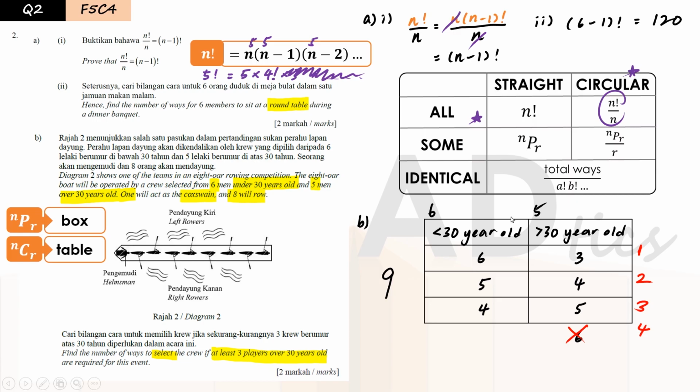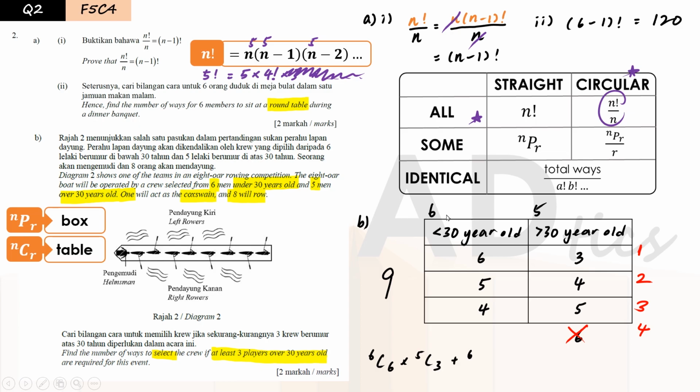To start out with the first possibility, from the 6 people, I choose 6 people from the under-30 group. Then I multiply with 5 people from the over-30 group, and I choose 3 of them. So here will be 5C3. Then I will add the combinations from the second possibility.